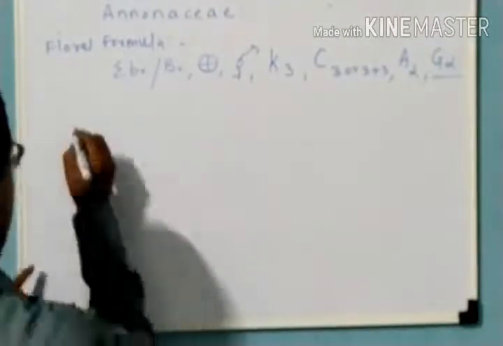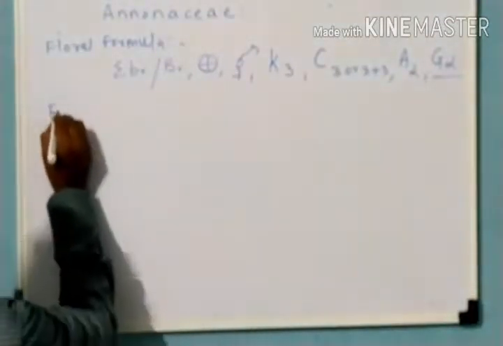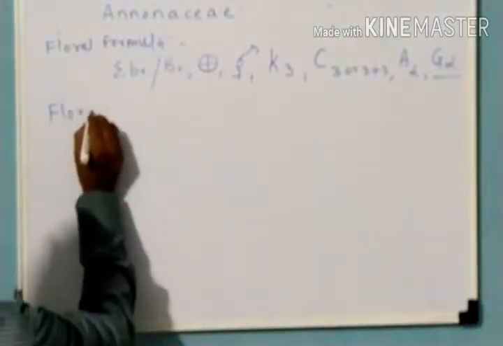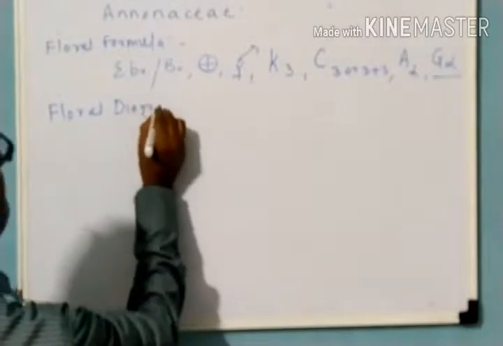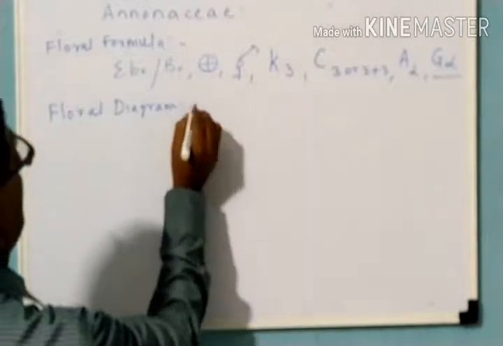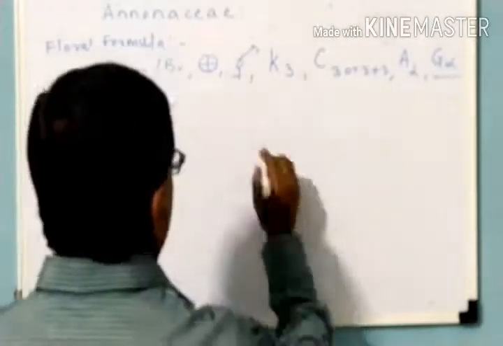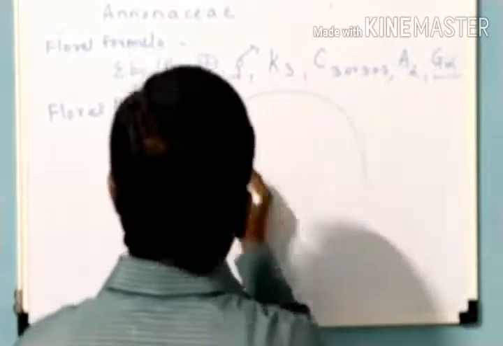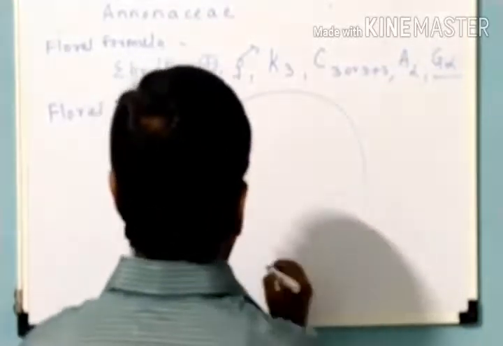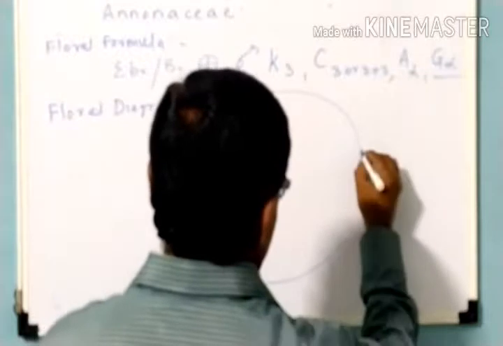Now we will go on to draw a floral diagram. We can just see how the floral diagram looks for this particular family. This is the outermost whorl of sepals.